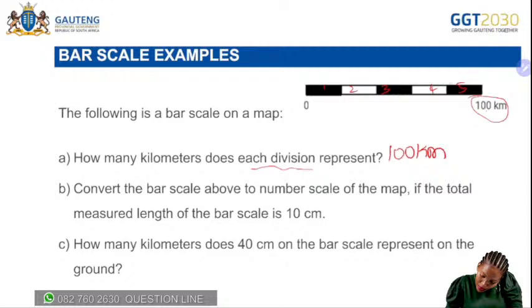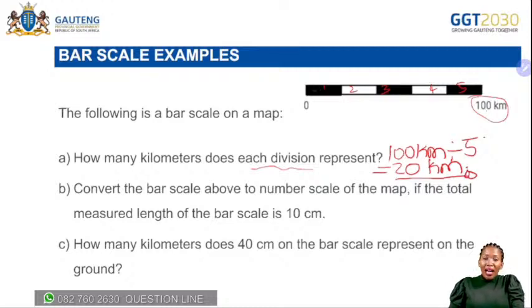And how many bars are there? It is 5 bars. So 100 divided by 5 equals 20 kilometers. So 1 bar actually represents 20 kilometers.